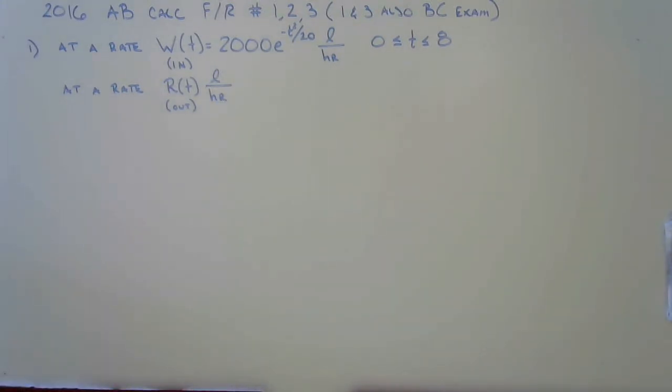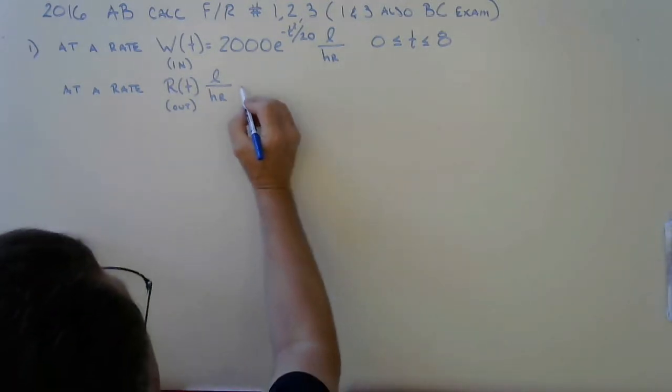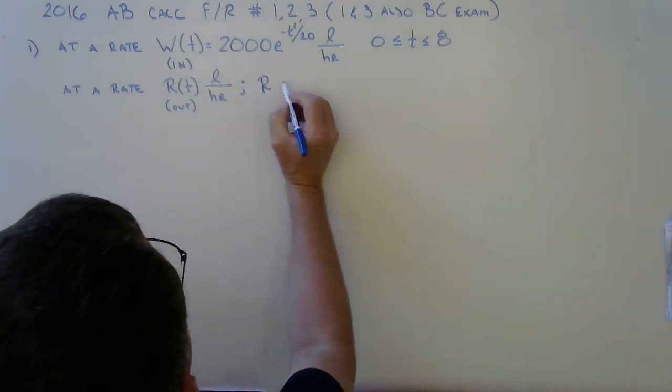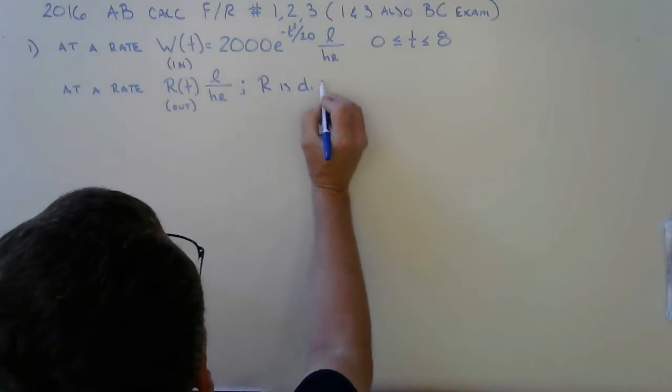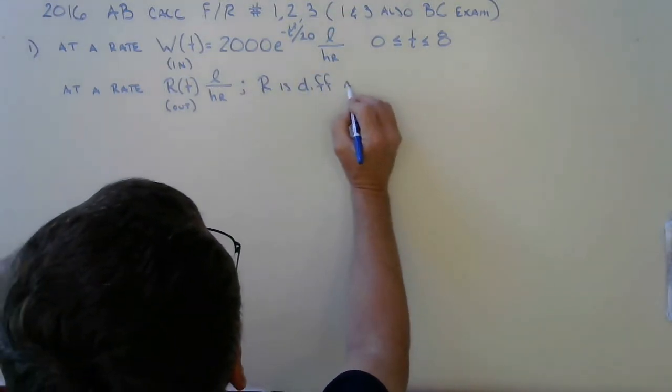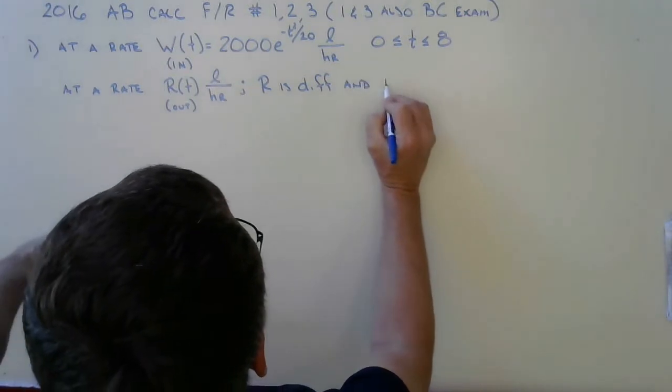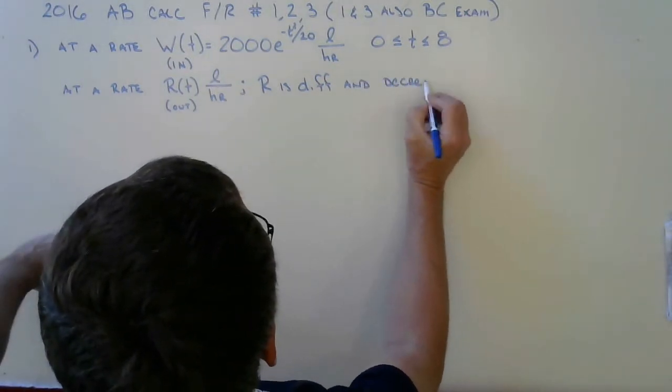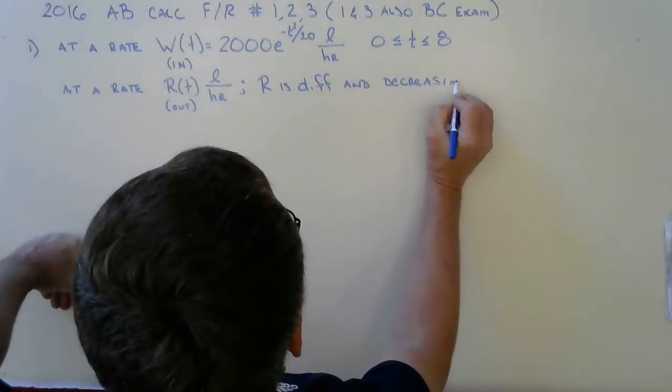where R is a differentiable and decreasing function. So, what do we know about R? We know R is differentiable and decreasing. Now, they don't give us information we don't need.